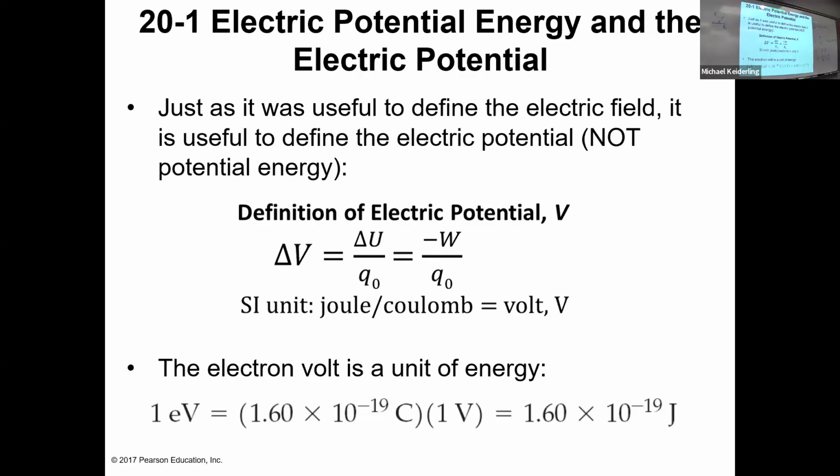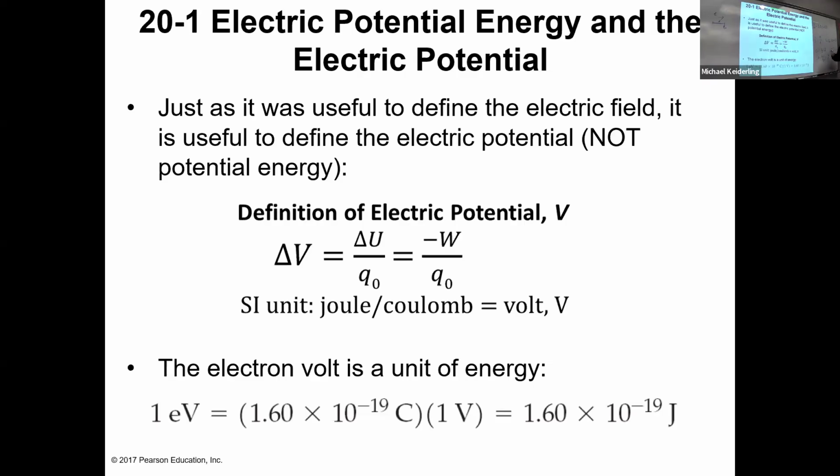The unit is a joule per coulomb, because it's energy over charge, and that unit is the volt.